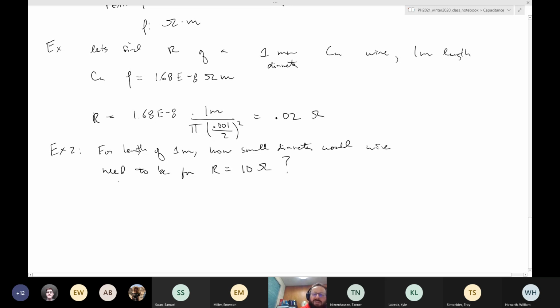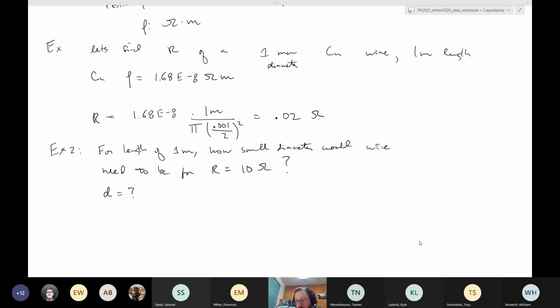Can you guys solve for the diameter? How about I give you a couple minutes to work on that? Is it clear what I'm asking you to do? Yeah. So give that a shot.